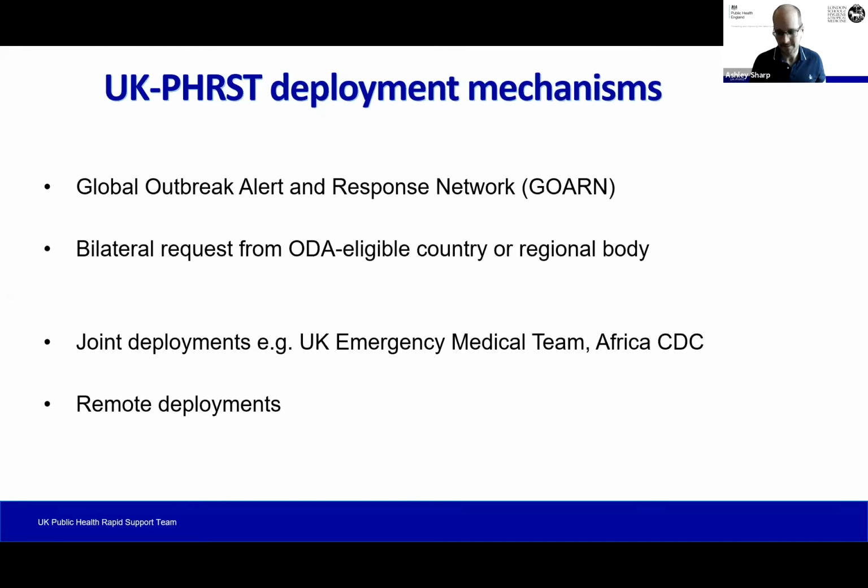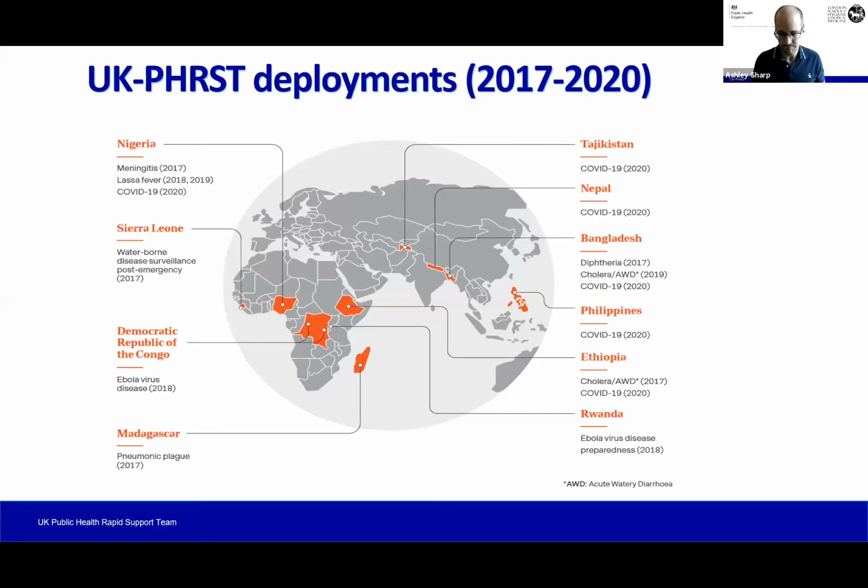DRC: Ebola virus disease. Madagascar: pneumonic plague. Tajikistan and Nepal: COVID-19. A long engagement with Bangladesh in Cox's Bazar, focused initially on diphtheria, cholera, and now COVID-19. Philippines: COVID. Ethiopia: cholera and COVID-19. And also EVD preparedness in Rwanda.